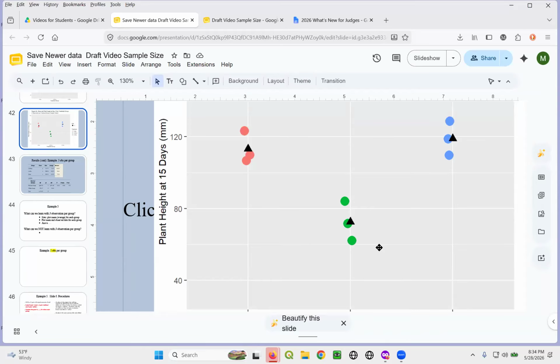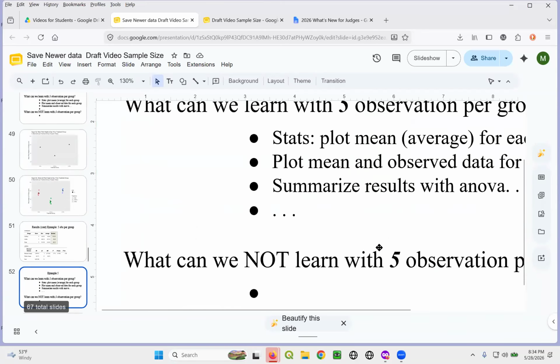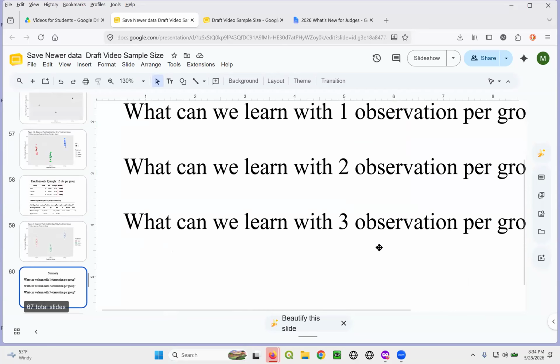Harold, comments about this? Perhaps showing side by side the graph for n equal 2 and the graph for n equal 3, with the confidence intervals for n equal 2 versus n equal 3.